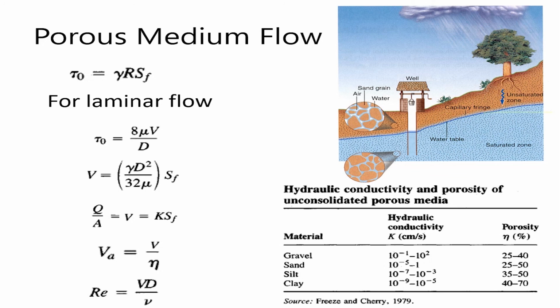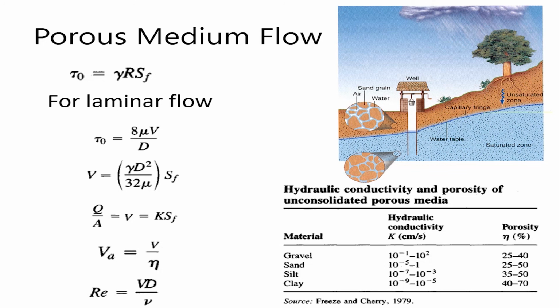So if the porosity is high, then the flow rate should be high, since V actual is equal to V by eta. But of course clay has around 70% pores that are not interconnected, so the flow is very little in clay.